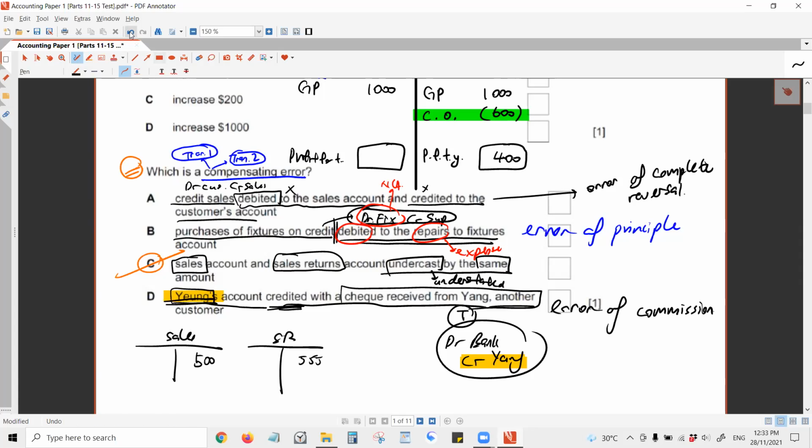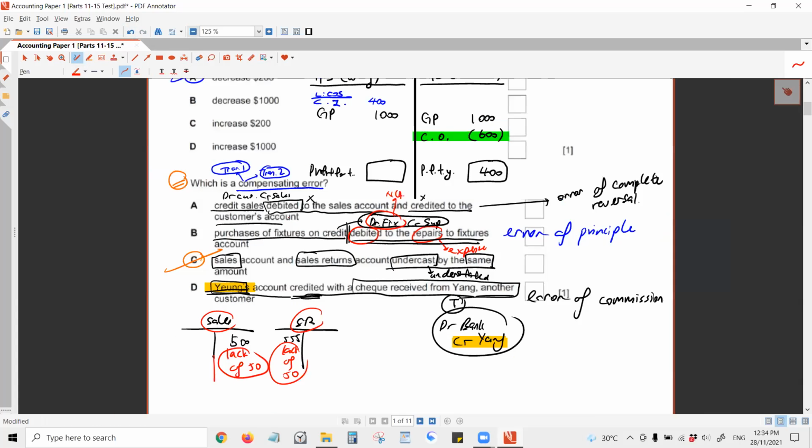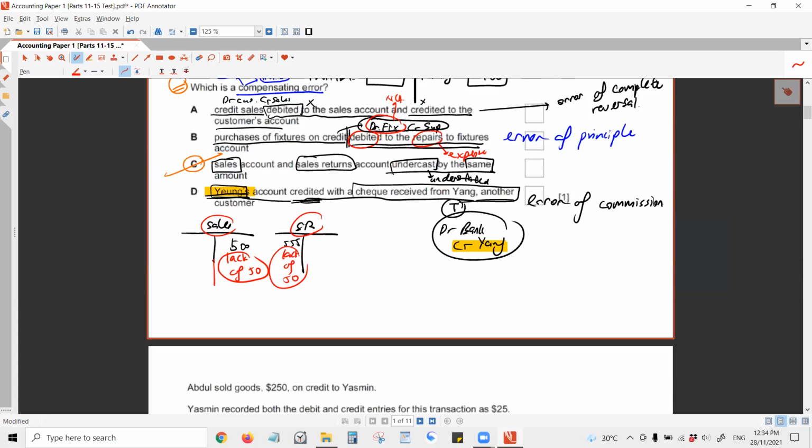Okay, sale returns account, you should have the amount on the debit side. Okay, you have 555 here. So they're telling you that here is lack of 50. Here is also lack of 50. Okay, so credit side of sales account lack of 50, debit side of sales returns account lack of 50. Therefore, offset one another. Okay, so this is compensating error. Okay, now we see the next one. We see two more questions.